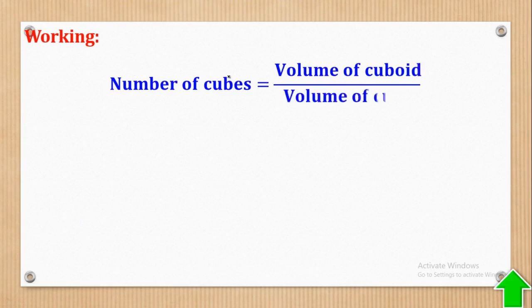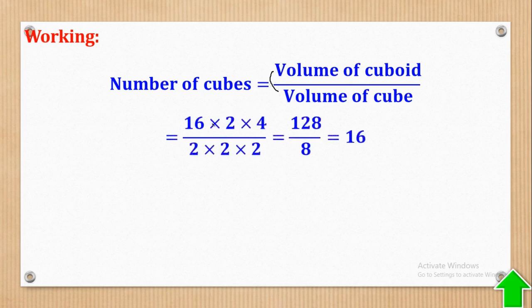So you come and say the number of cubes is equal to volume of the cuboid over volume of the cube. Volume of the cuboid is got by multiplying these sides, and for the volume of the cube, remember all sides of a cube are equal, therefore if we have one side then you have all the 3 sides, so it will be 2 times 2 times 2. So this gives you that, and when I divide I'll come up with 16.